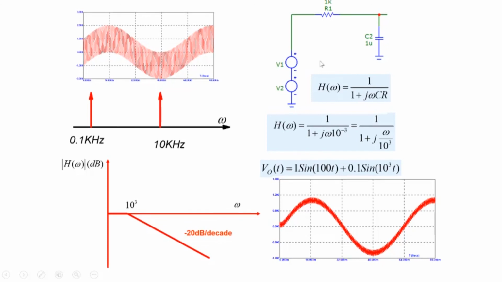So now if you stay with the system like this, you'll try and play around with 10 to the power 3. You will say, well, if I want to attenuate my 10 kilohertz signal even more, maybe I should shift the 3 dB frequency 10 to the power 3 to a little lower. Right, lower here maybe, but you can't, because the signal that you want to pass through is 0.1 kilohertz or 100 hertz, so you can't shift it too much.